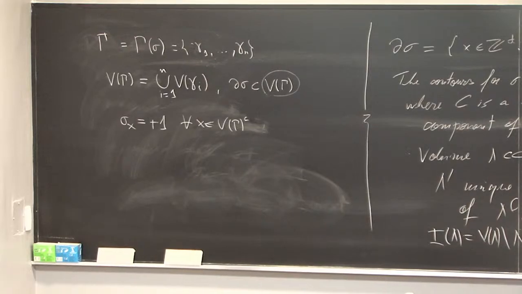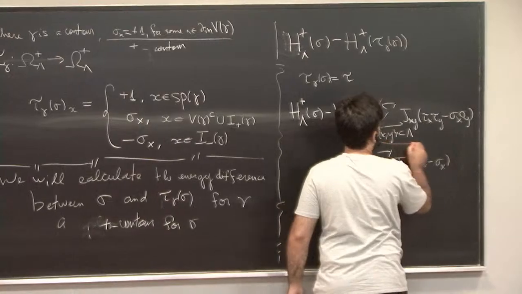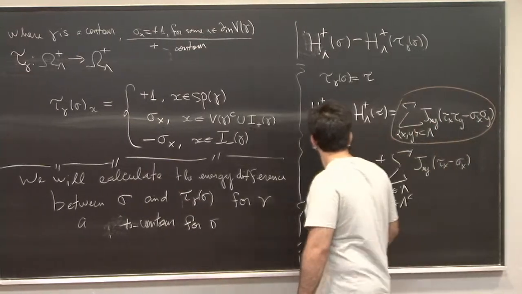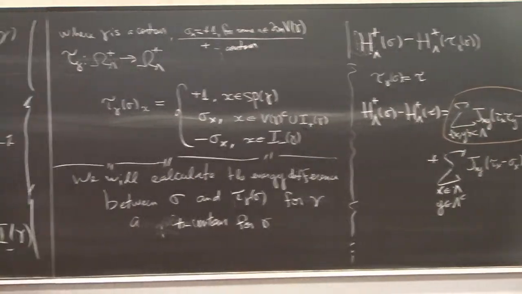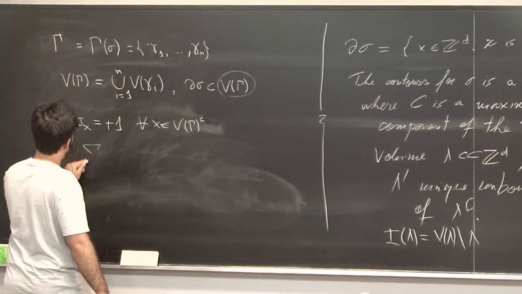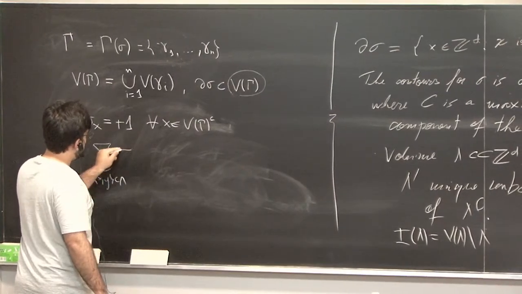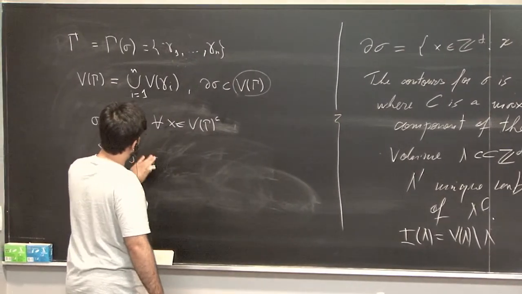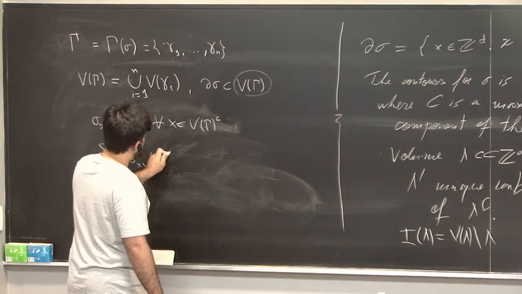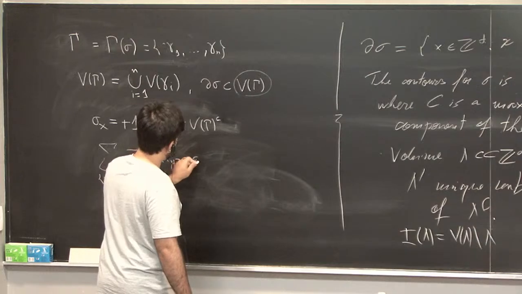So let us first look at this thing over here. So this will be the sum over x and y in Lambda of J_xy tau x tau y minus sigma x sigma y.